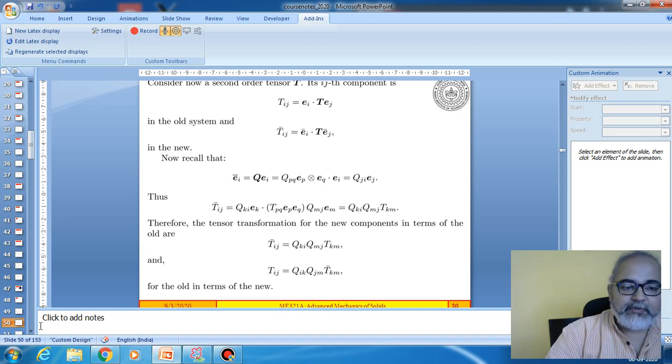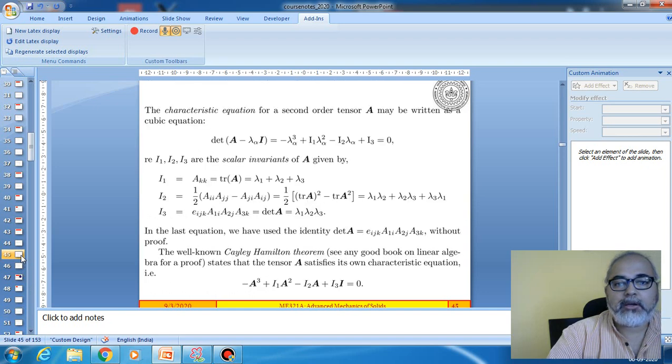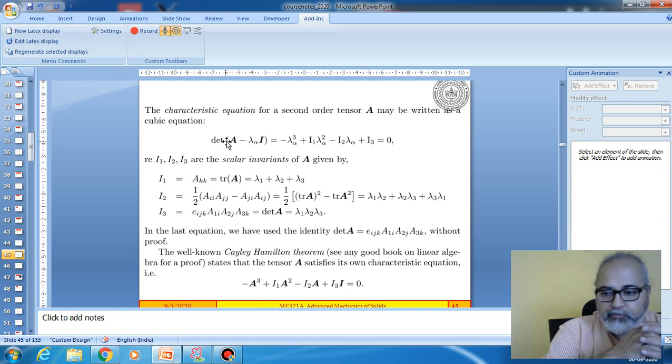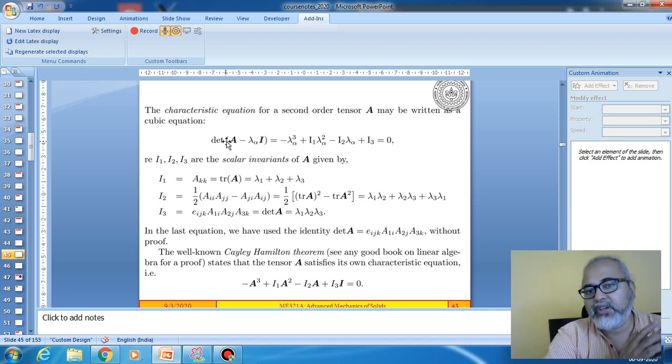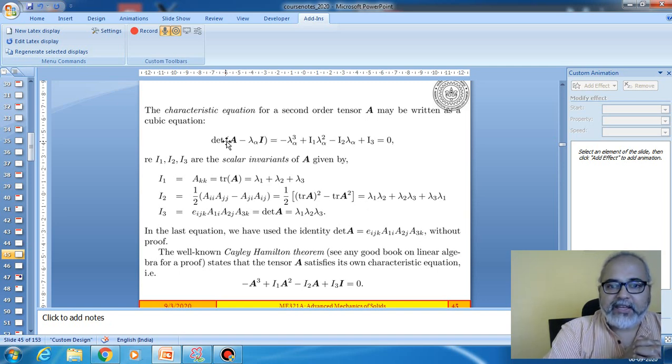Now a special transformation is the eigenvalues and eigenvectors. So for symmetric tensors, we talked about eigenvalues and eigenvectors, and you know how to calculate them. But what we mentioned in the previous week was that the eigenvectors are invariant.